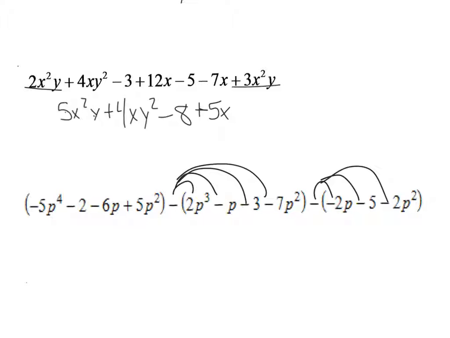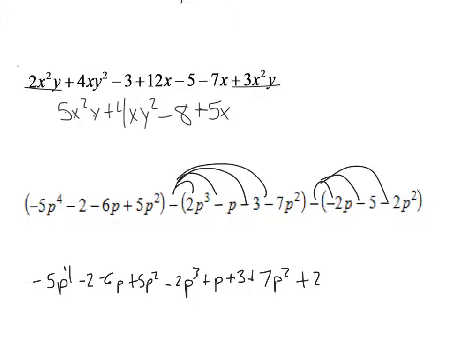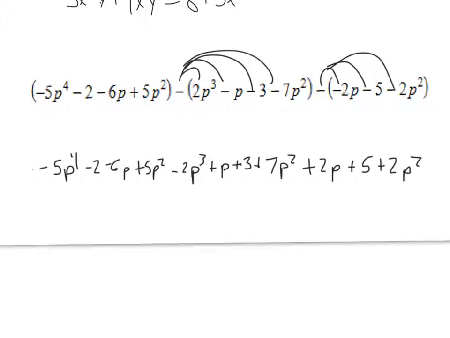But then I'm left with negative 5p to the fourth minus 2 minus 6p plus 5p squared minus 2p to the third plus p plus 3 plus 7p squared plus 2p plus 5 plus 2p squared, because I'm just distributing that negative to each and every term.